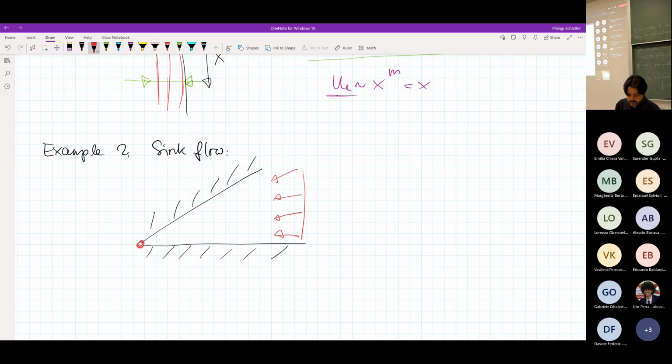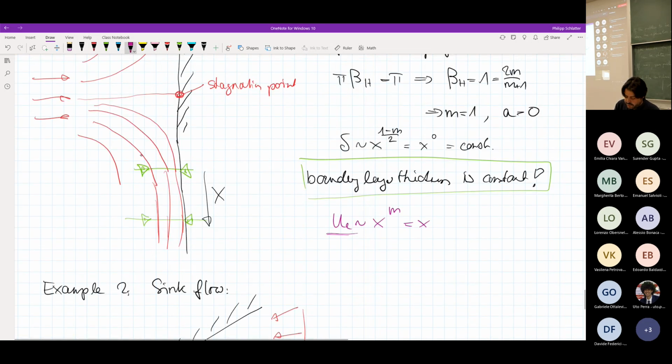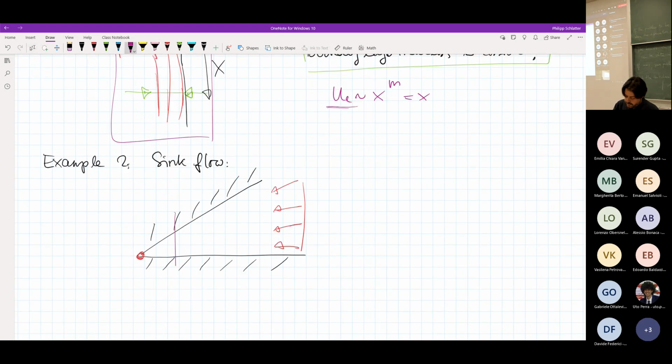So that's the idea. But in the same spirit as before, we're maybe only considering this region here. We're excluding the part where everything converges into one point. Okay.